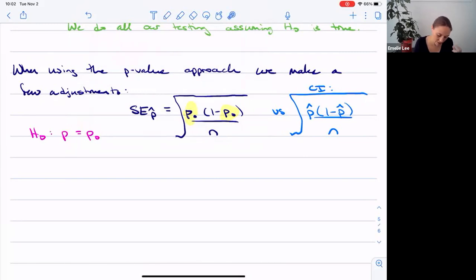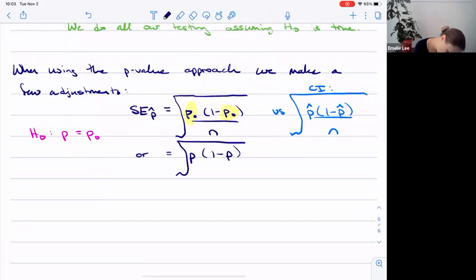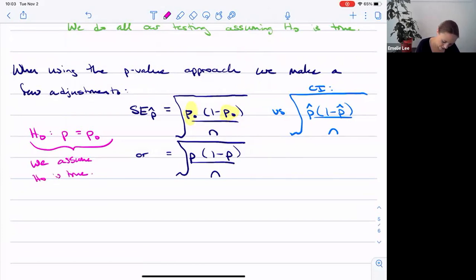So P equals P naught in the one sample case, and I like to emphasize it with a P naught here. Or it might just say P times 1 minus P over n, because we assume H naught is true.